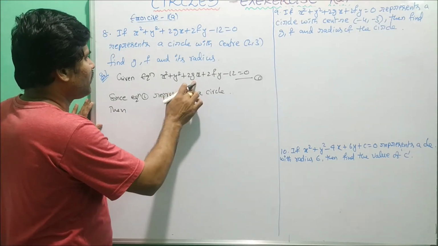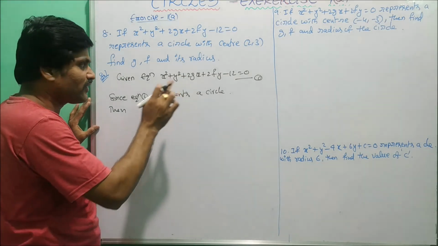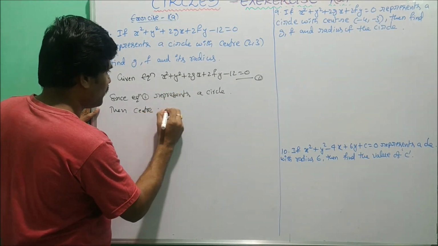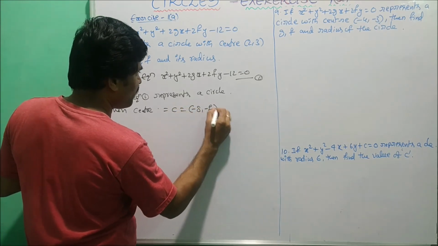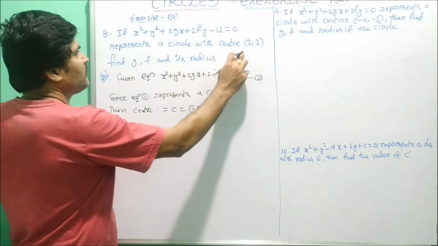Here we observe that this represents a circle. Then we know the center C equals (−g, −f). Here the center is already given, that is (2, 3).